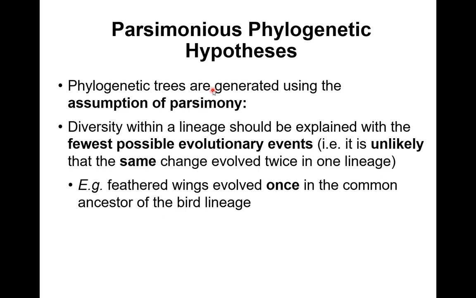By putting them all close together in a phylogenetic tree, you're saying that event, the formation of the fins in this example, has happened only once. The same for the wings, the feather wings. They evolved only once, not multiple times in each bird type, right? So you use the assumption of parsimony, being parsimonious, being cheap. You don't want to repeat the same thing over and over. You make the assumption that everything that is new most likely has been caused by one or very few evolutionary events.